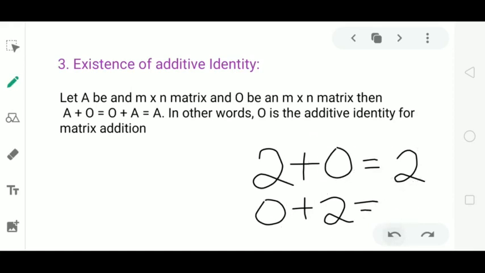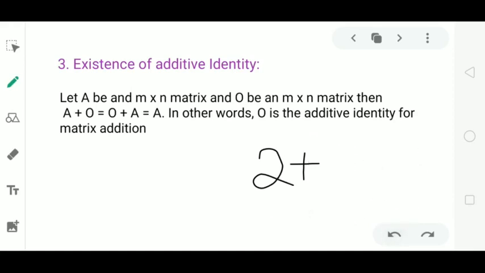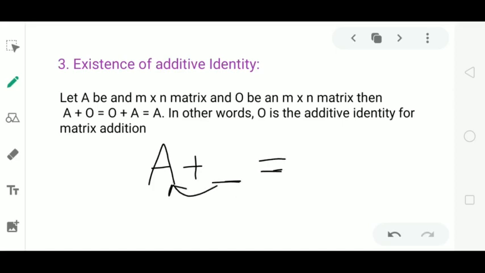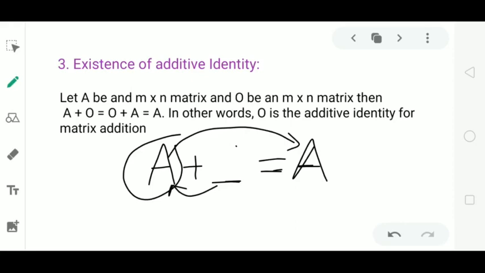Similarly, in the case of matrices also, the additive identity is a matrix such that the sum of the additive identity and the matrix A must give us matrix A itself. Then which matrix can be added to the given matrix A so that the result is matrix A itself? We know that the 0 matrix or null matrix is a matrix which contains all elements 0.